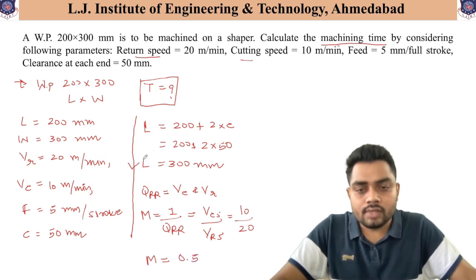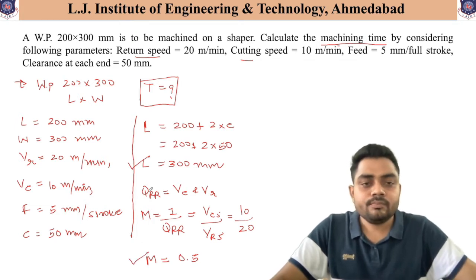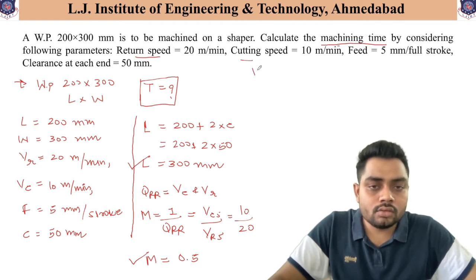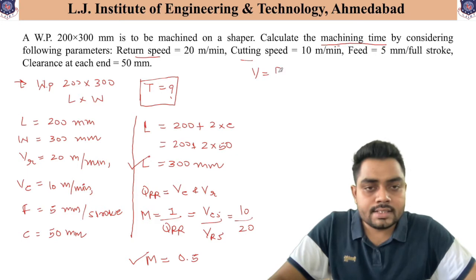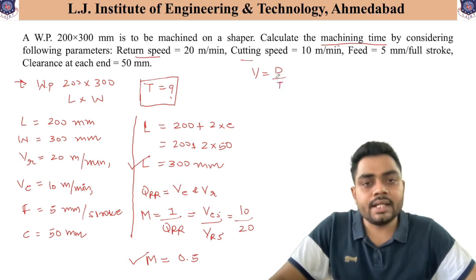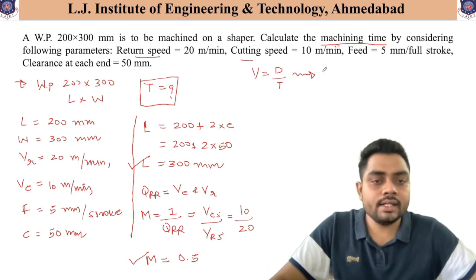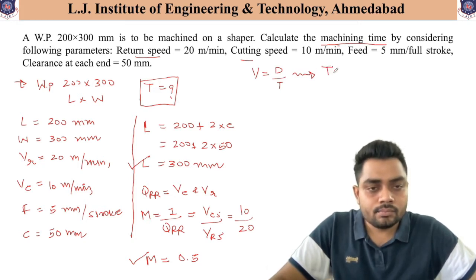So now we have the value of L and the value of m. Now how to find the cutting time? We know that velocity is equal to distance traveled divided by time taken. So using this same formula we can find the cutting time.